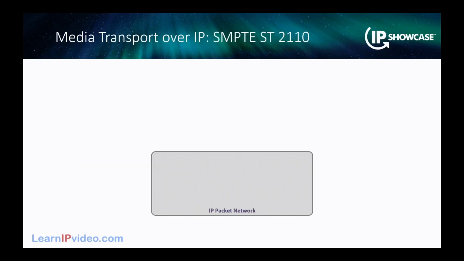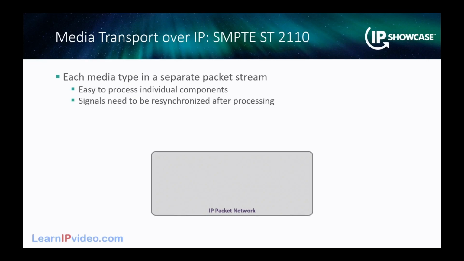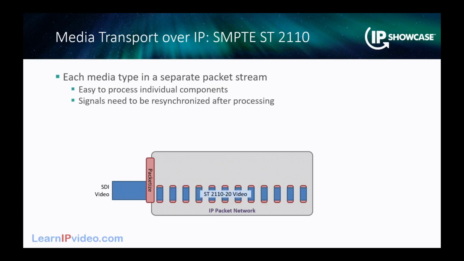So let's look at how these go over a network. So each media type goes in a separate packet stream. Makes it easy for you to process the individual components, but the signals need to be resynchronized after processing. So SDI video goes in, gets packetized. That becomes an ST 2110-20 video stream.